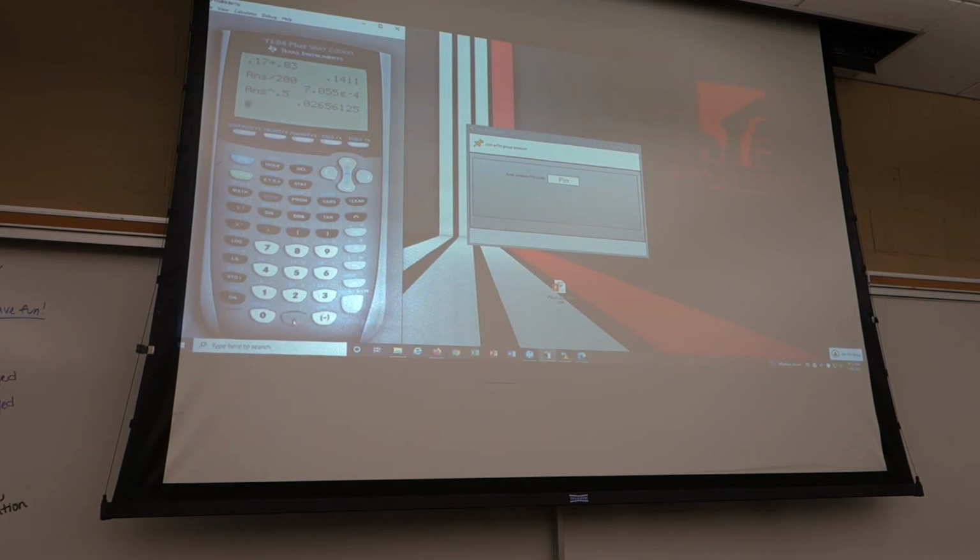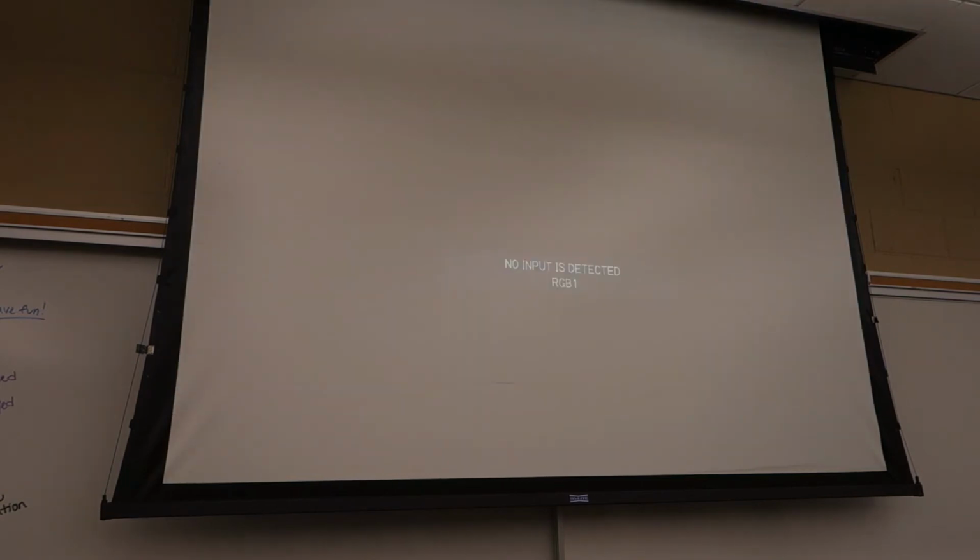So I'm going to do 0.04 divided by 0.02656. More decimal places is better than none for this stuff. And I'll get 1.506, or 1.51.